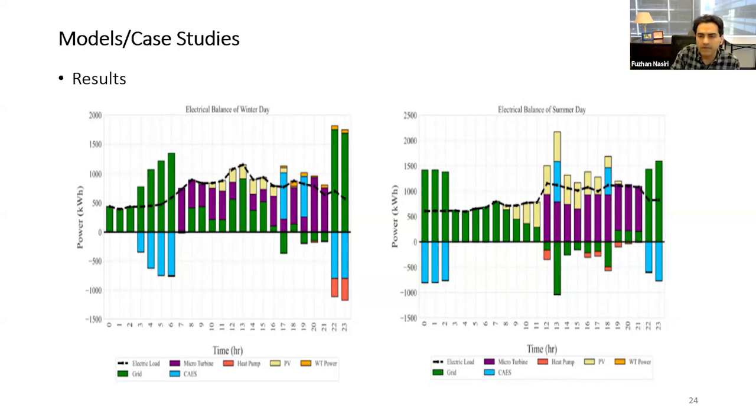Okay, and in a way, when the storage is happening, we show it on the negative side. When the consumption is happening, we're showing it on the positive side.